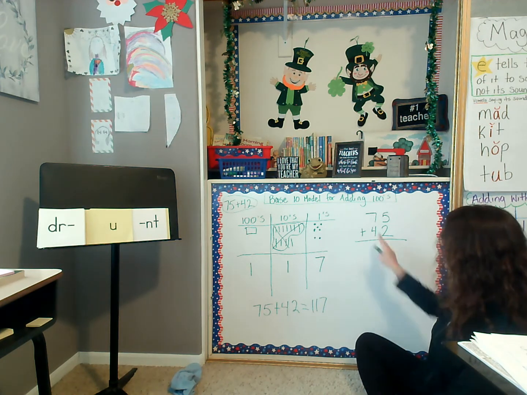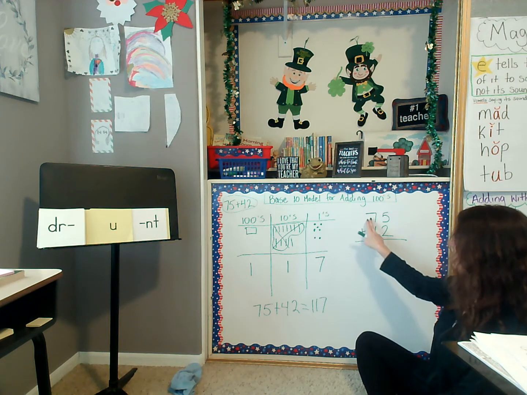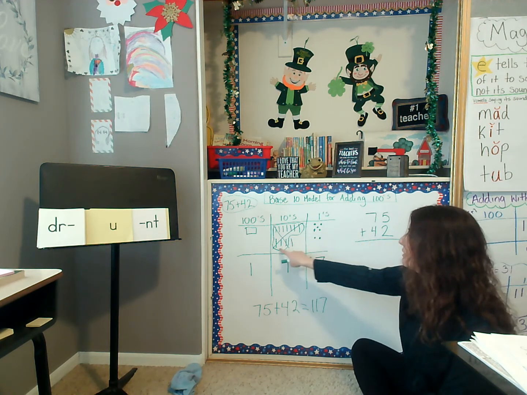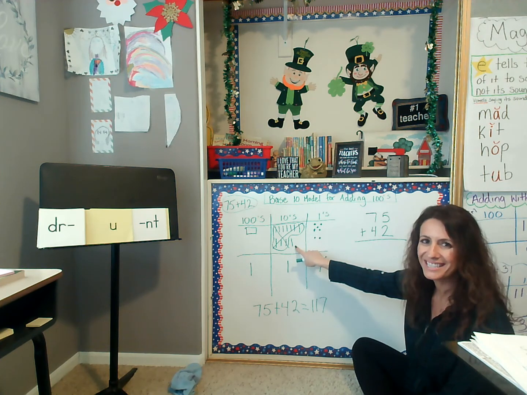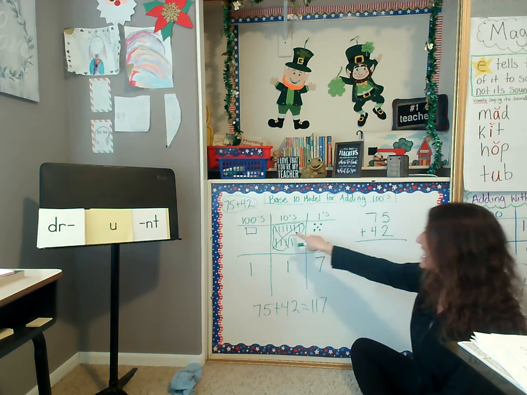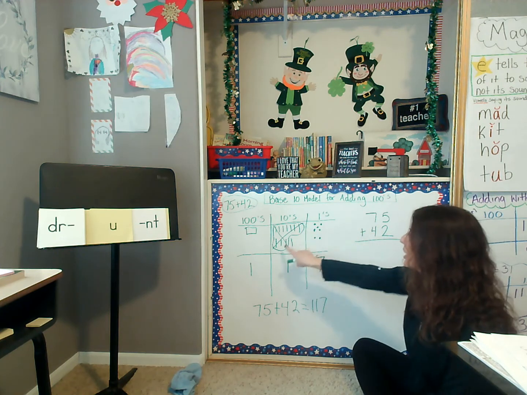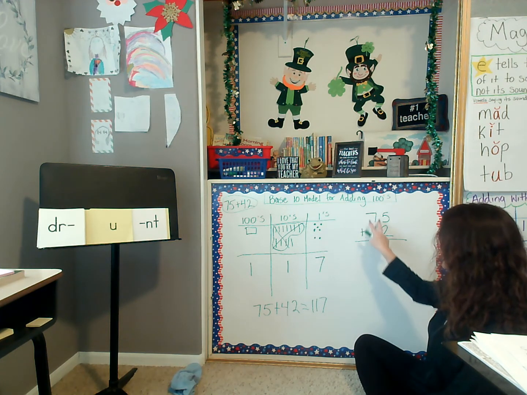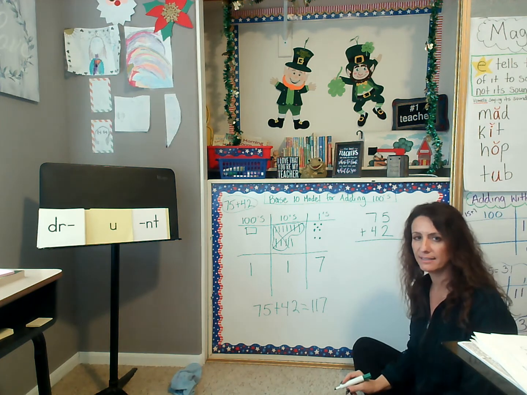Okay, so we could go to our 7 and our 4. So remember we had 7 tens with our 70, and we had 4 tens there. So we can add up our 7 tens plus our 4 tens.